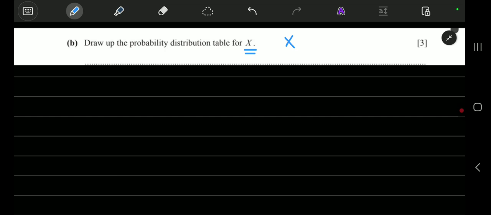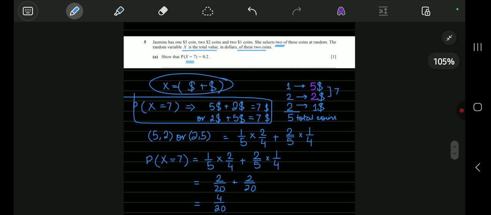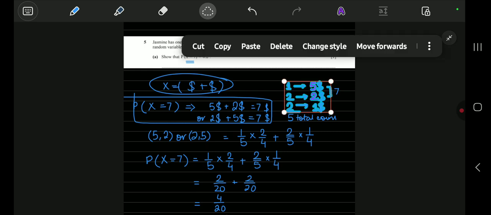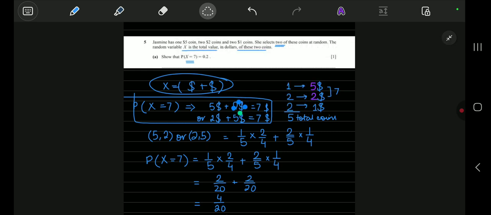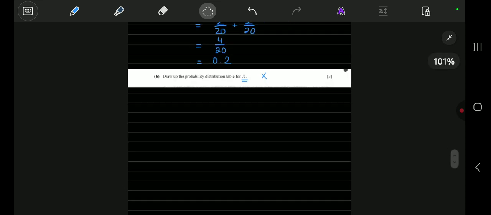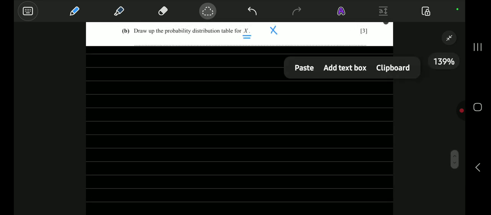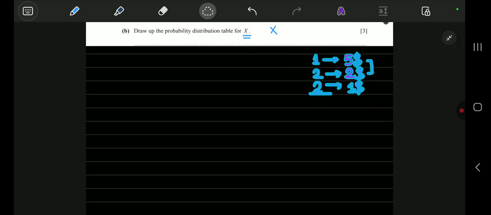Okay, so what are the possible outcomes? We have these coins: one $5, two $2, and two $1 coins. Let's see how many possibilities we have.